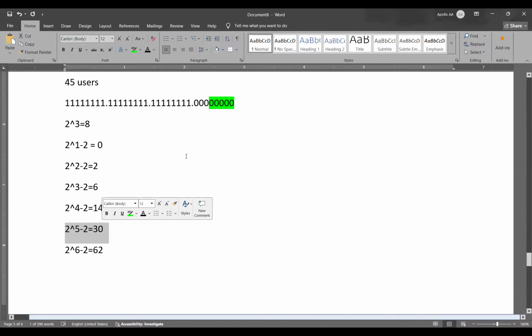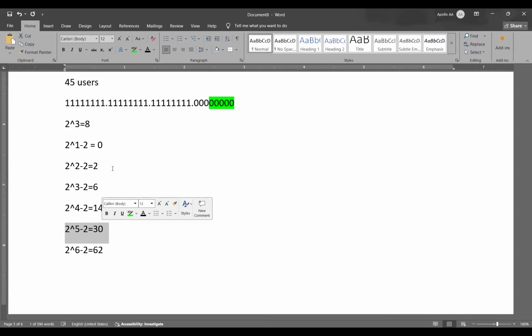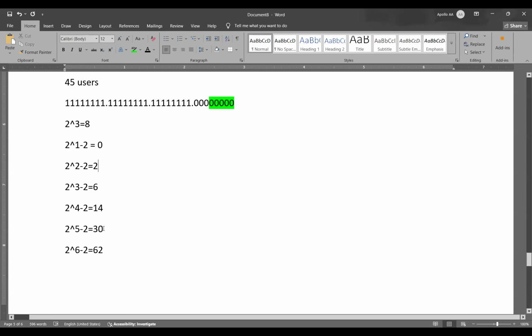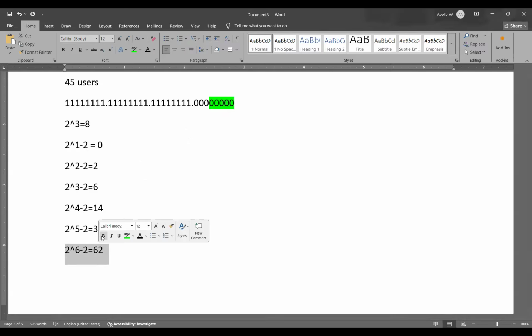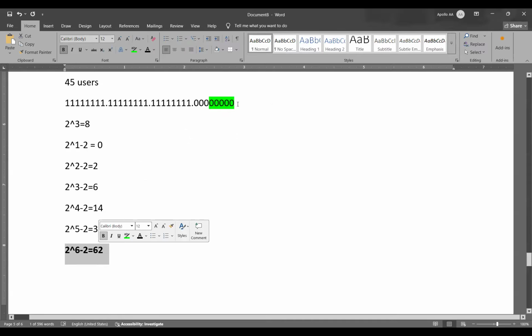I am lost at the point where you conclude this computation, saying we need at least 5 host bits for the 45 users, when 2 raised to power 5 minus 2 gets us 30 and not closer to 45. I thought it could be the six host bits. I don't know. The last one is our answer.